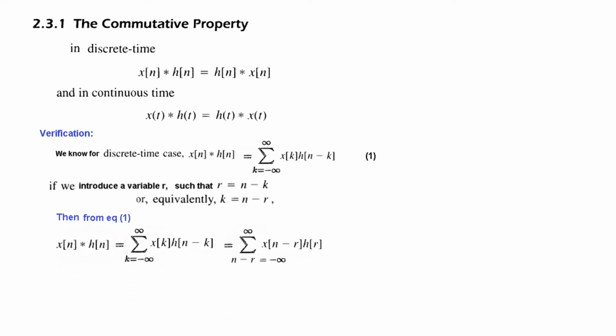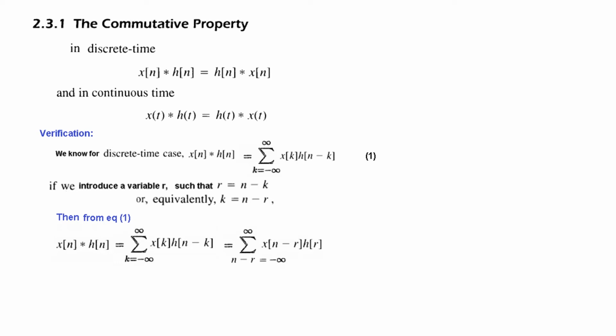And so from this equation, we can now write that this thing is equal to, remember k has been replaced with n minus r, so x[k] will become x[n minus r]. And similarly, h[n minus k] will become h[r], because n minus k is equal to r.